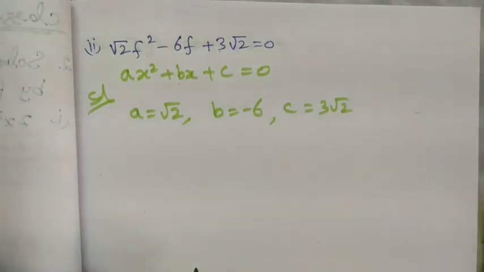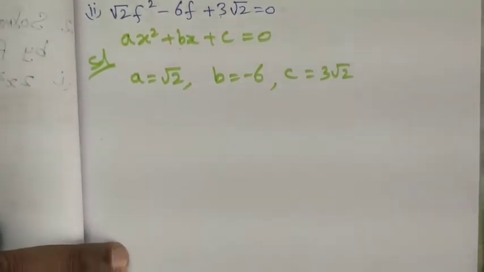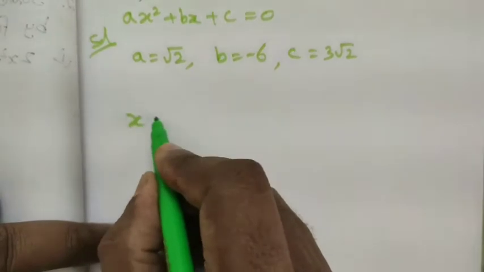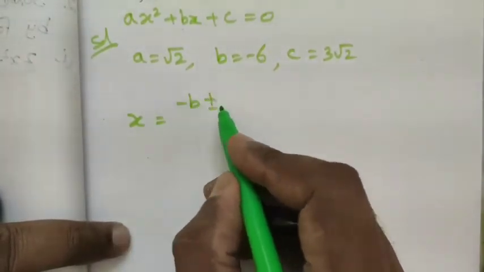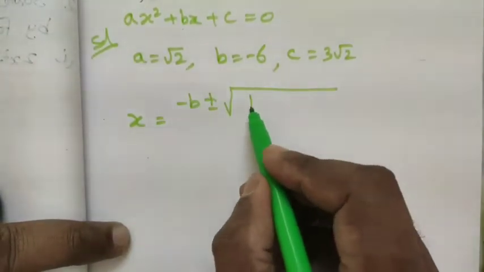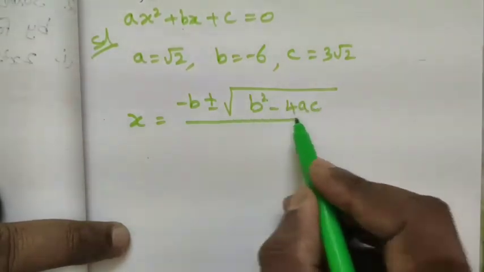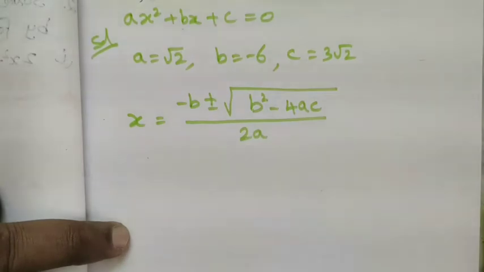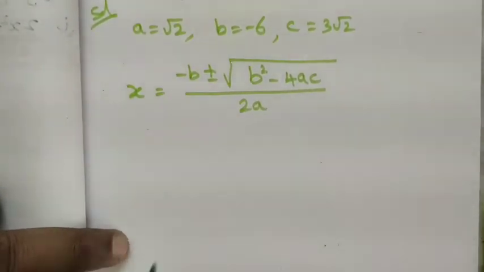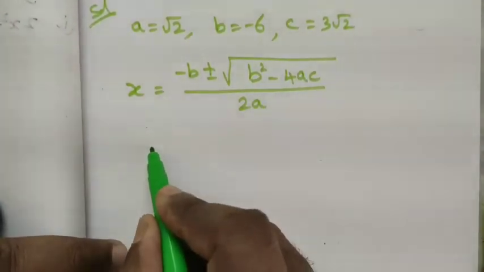So we have the a, b, c values, and we know the formula, right? x = (−b ± √(b² − 4ac)) / 2a. Now we apply the values as they are in the given terms.